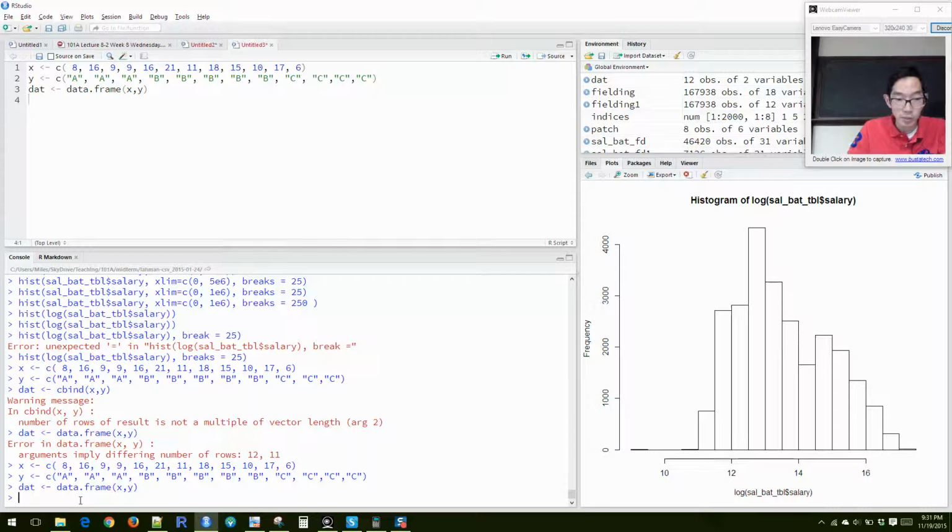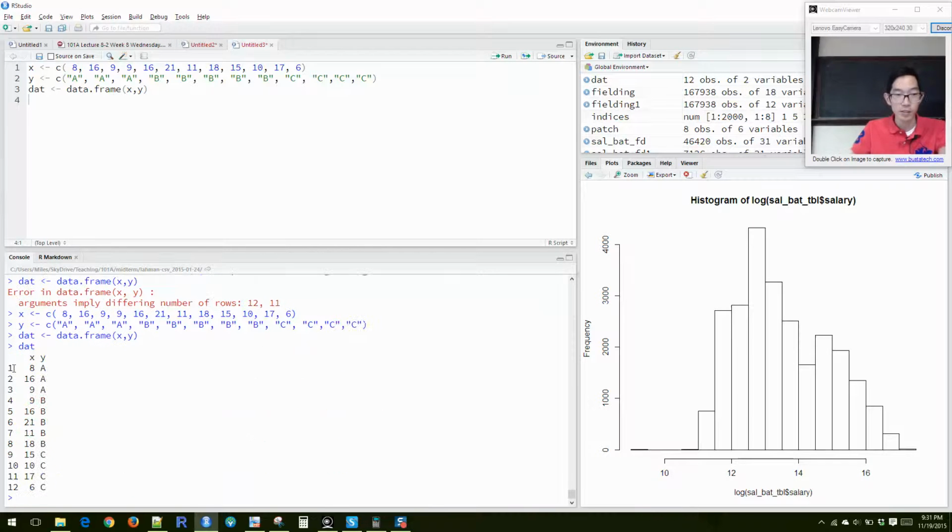Okay, so when we look at our data, it just lists off all 12 measurements that we have, and the Y is our 3 groups, right? Group A, Group B, and Group C. I purposely used letters rather than numbers, because if I used numbers, R would think this is a numeric variable.